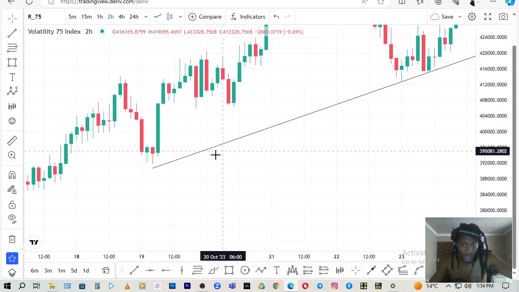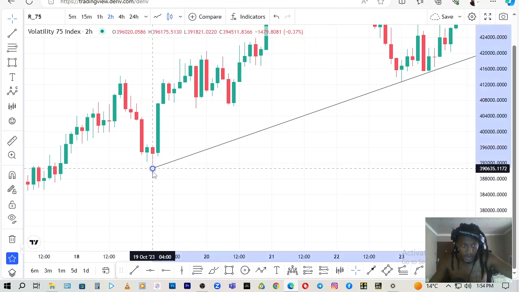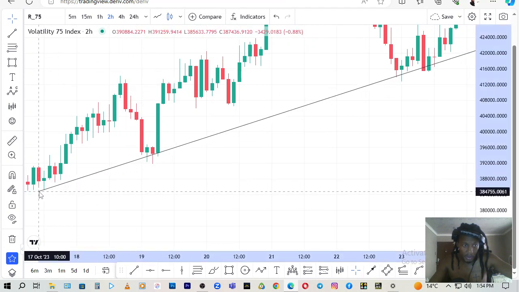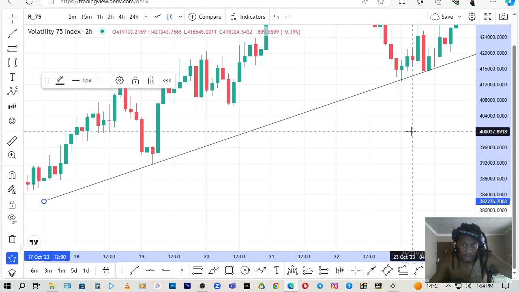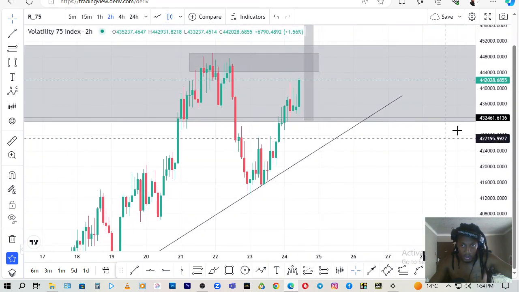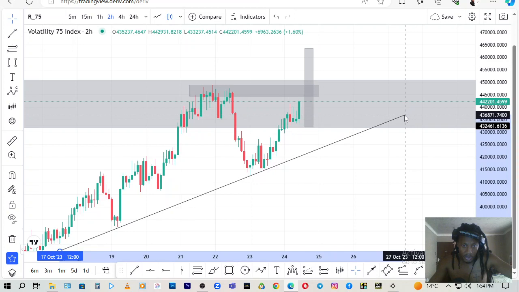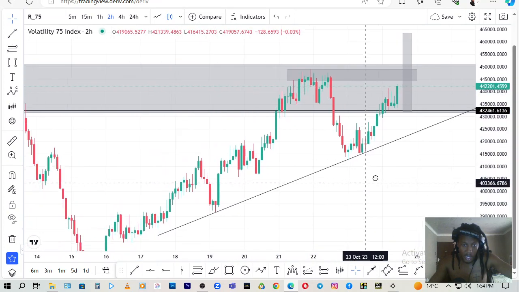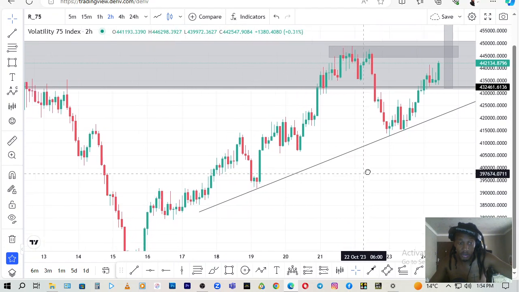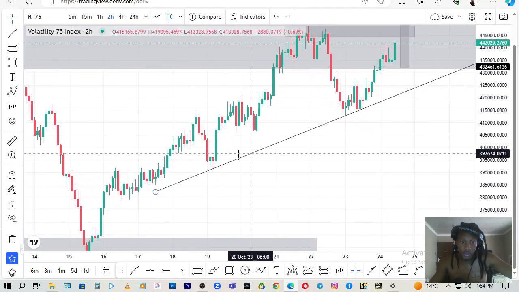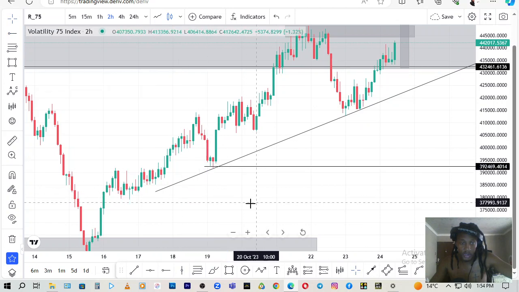And then overall, it's been buying. Okay, I'm using these two trend lines over here. I mean these two higher lows. So I can also add this over here.